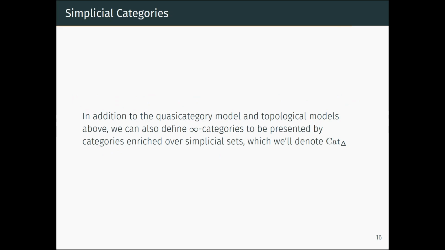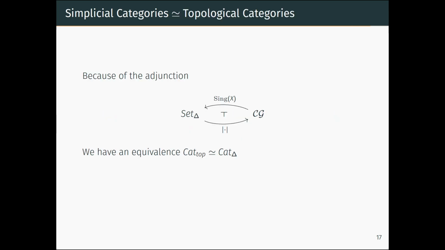So in addition to the quasi-category models we've been talking about with simplicial sets and the topological models, we can also define an infinity category to be a category enriched over simplicial sets rather than a simplicial set itself. And in HTT, these are referred to as simplicial categories, and that's usually what you'll find elsewhere.